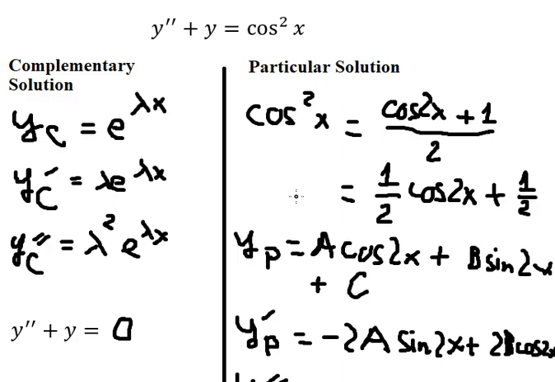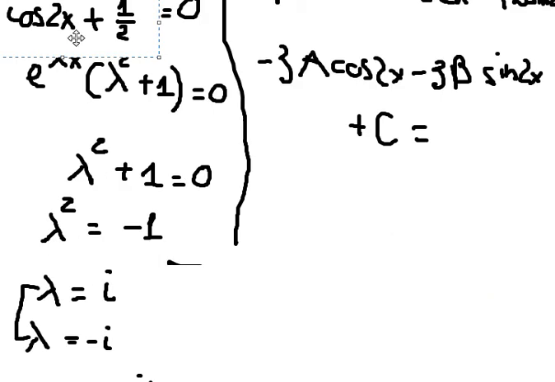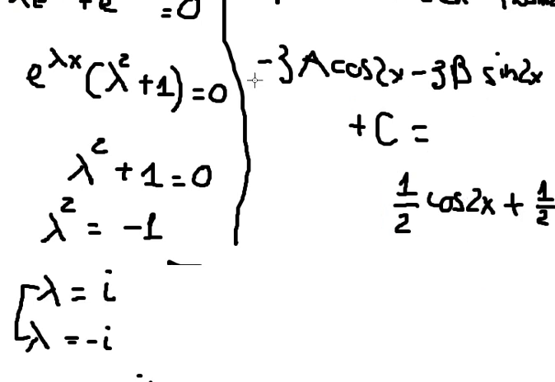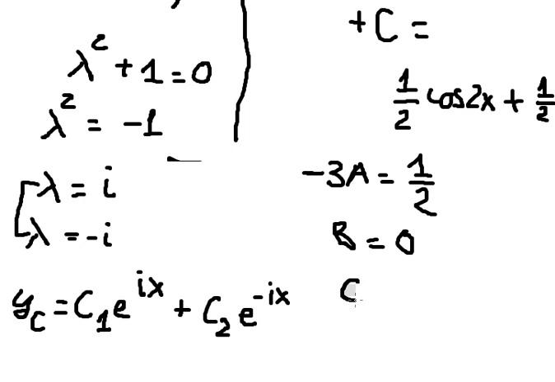So this one equals this one. So we just have cosine 2x, that means negative 3a equals 1 over 2. This one we don't have sine 2x, so b equals 0 and c equals 1 over 2.